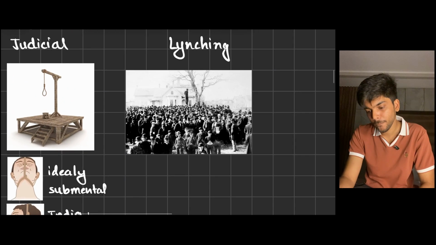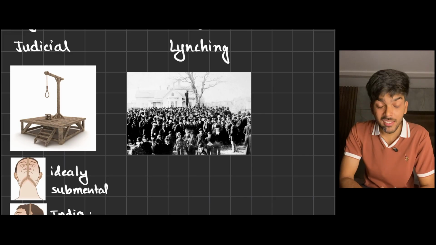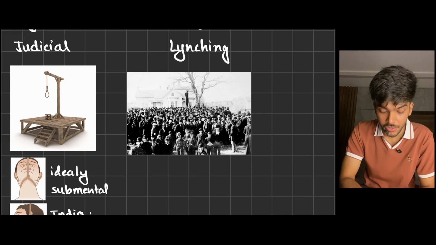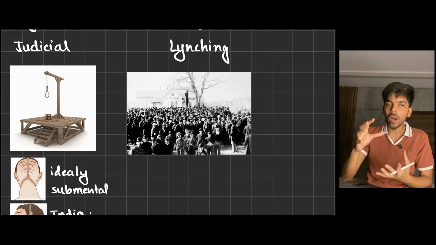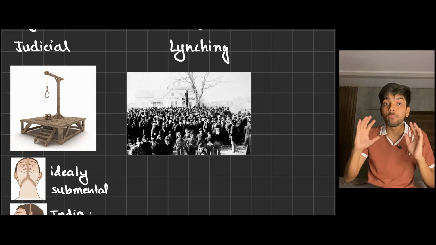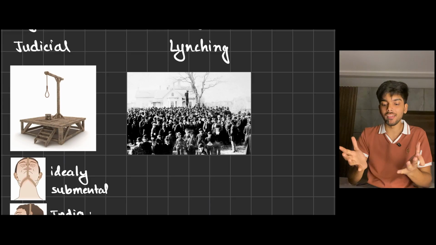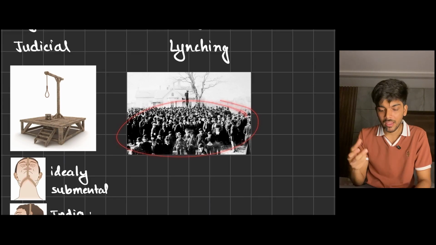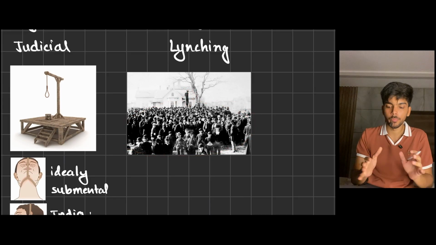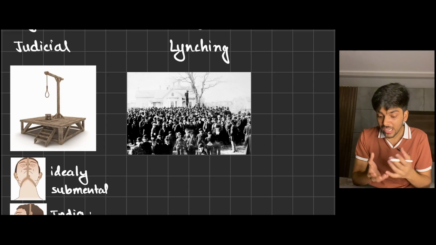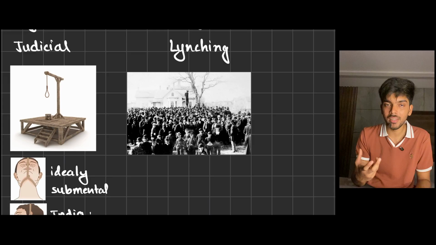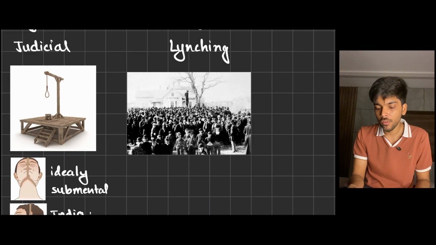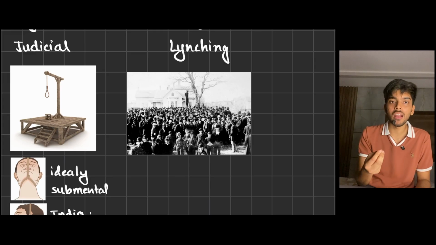What is lynching? Lynching has a really bad history. Lynching refers to someone being hung in public, in a public setting. So you can see here's the public, and then here's the person who has been hung. There's the history of African American or black people in general being hung for crimes that they are accused of.